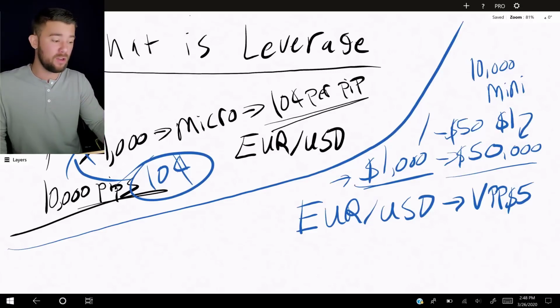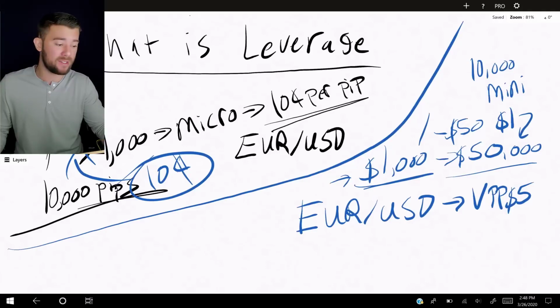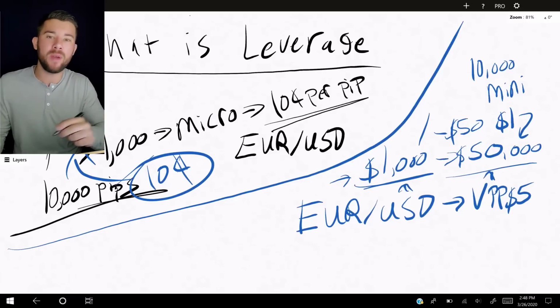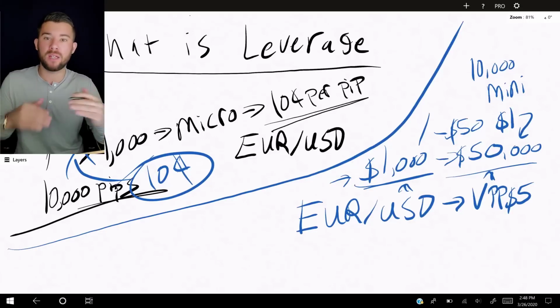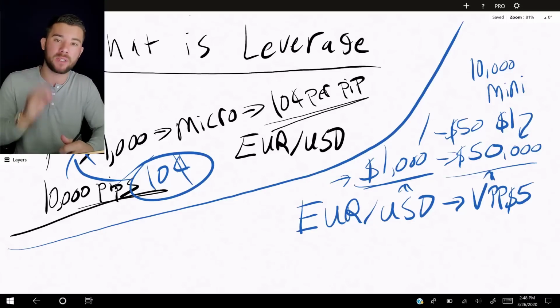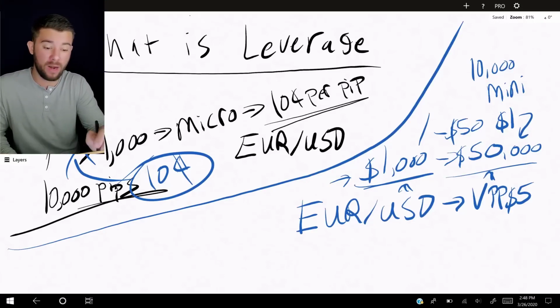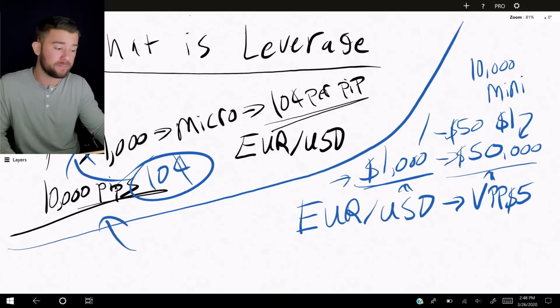But if you have your entire account balance, your $1,000 in margin, which gives you $50,000 in buying power on this position, how many pips do you have that you can lose before your account goes to absolutely zero? Where it was 10,000 pips, now the math we have to do is your $5 per pip and your account balance.